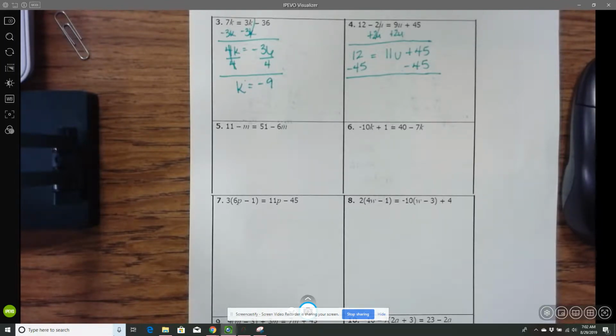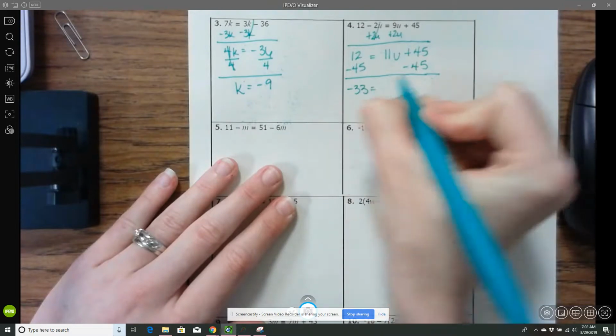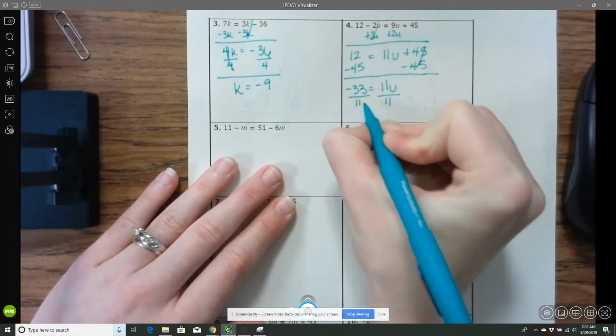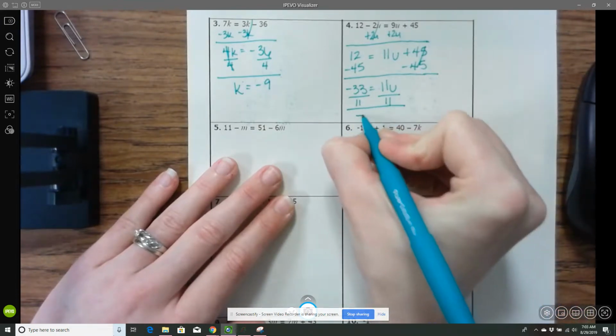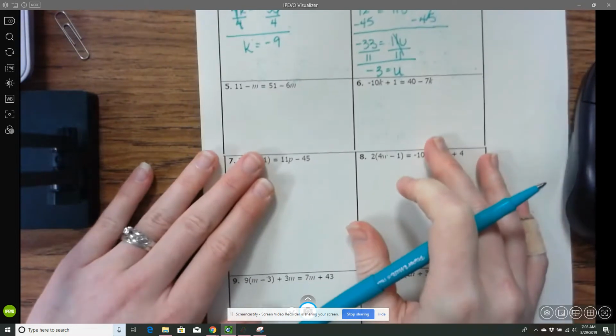So here I've got a negative 33. And then we're going to divide both sides by 11. And I would be left with a negative 3 equals u.